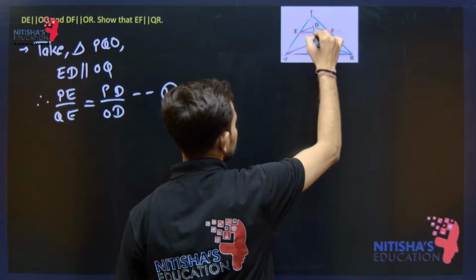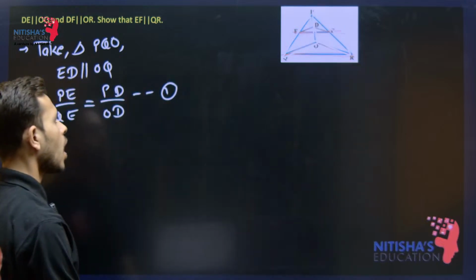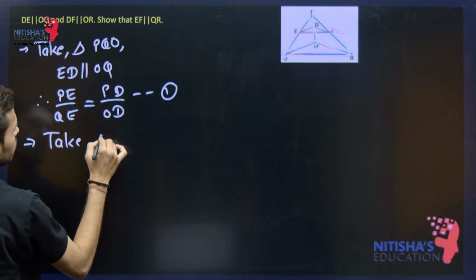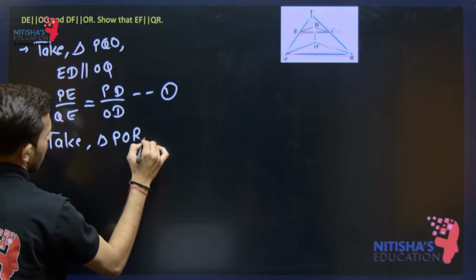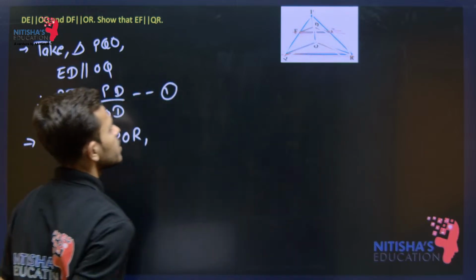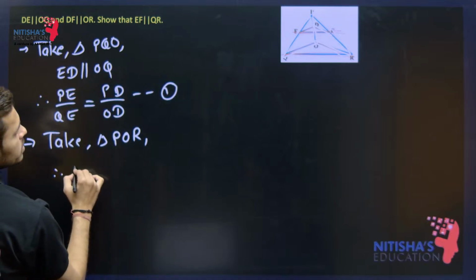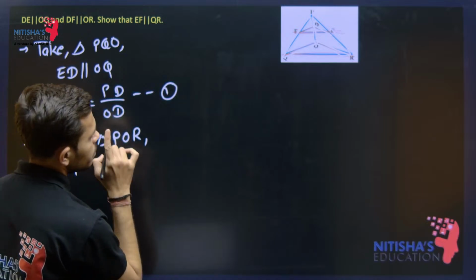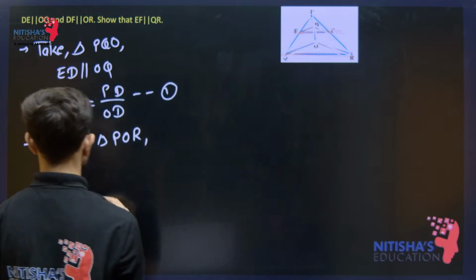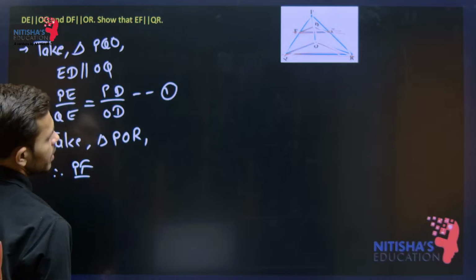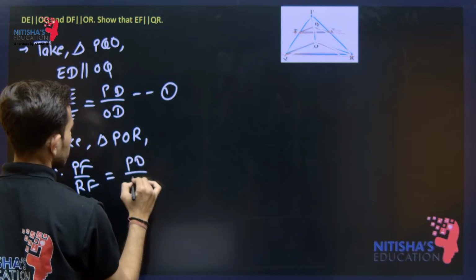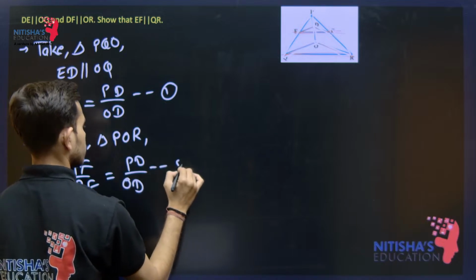Now second, consider this triangle, which is POR. If two lines are parallel, then we can apply Thales theorem. So we can say that here it is F, so PF divided by RF is equal to PD divided by OD.